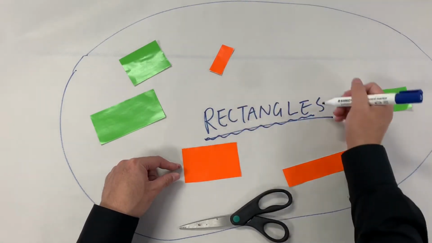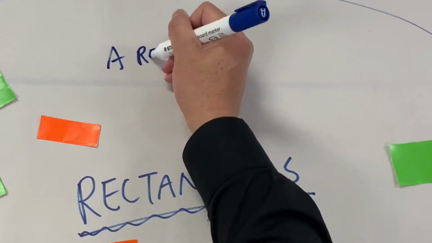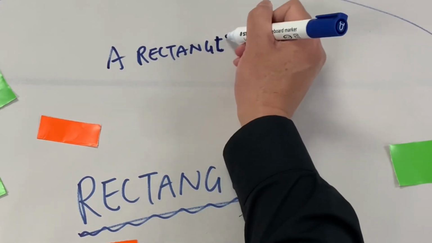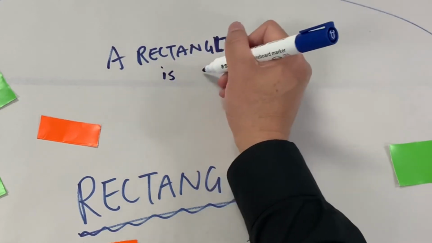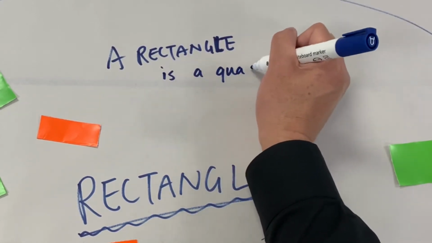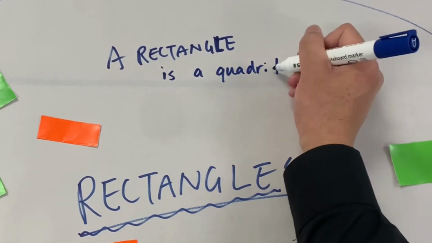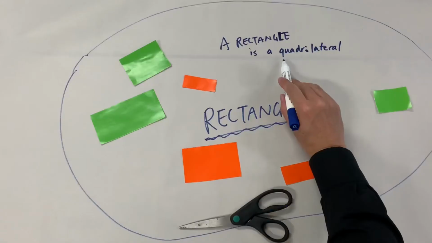So a rectangle is a quadrilateral. That's given, right? That's a four-sided polygon.